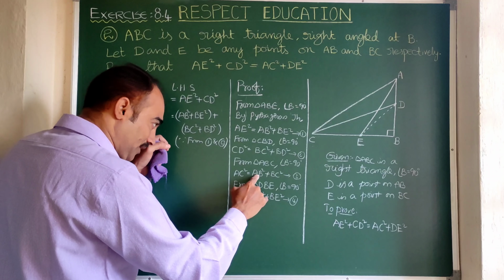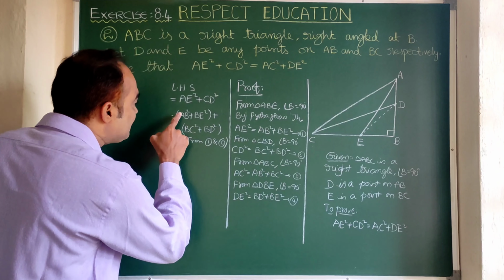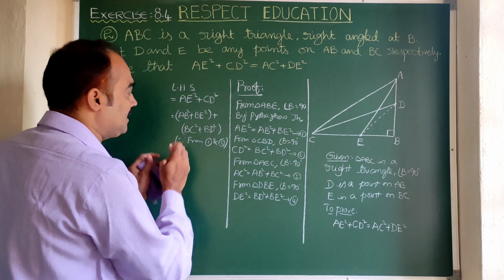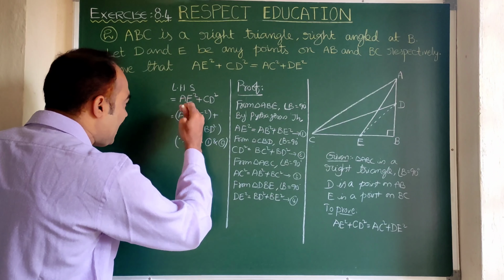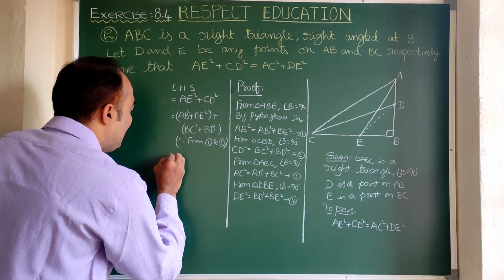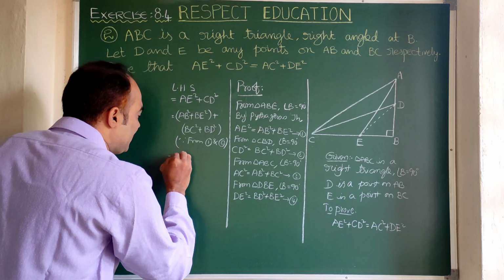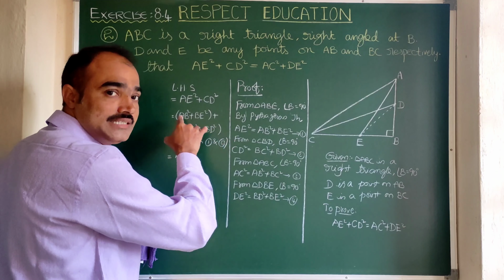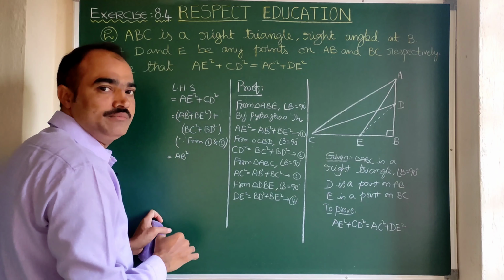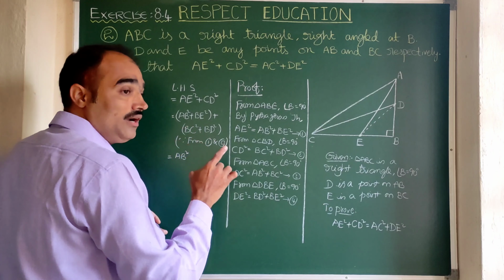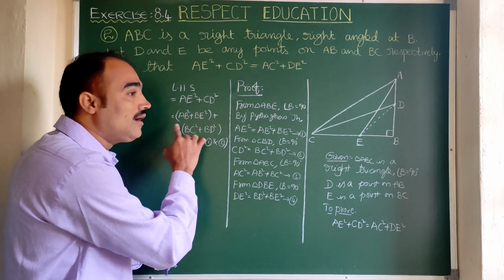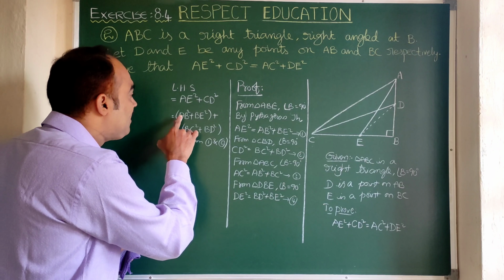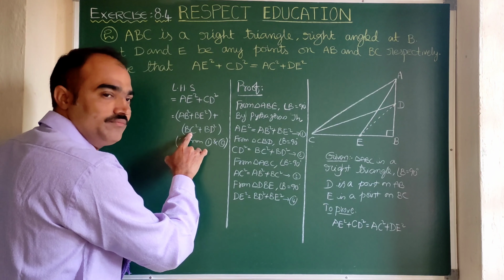So here we need AC square, which is the sum of AB square and BC square. Let us write these two side by side. I am just rearranging it to get the answer. First I am writing AB square, plus. Since it is a summation, we can alter the order of the terms. So after AB square, instead of writing BE square I am writing BC square.